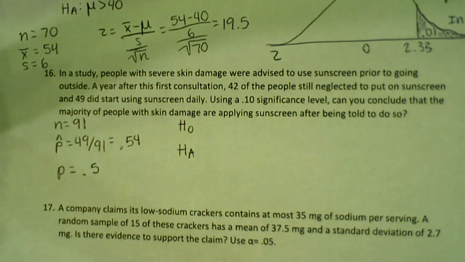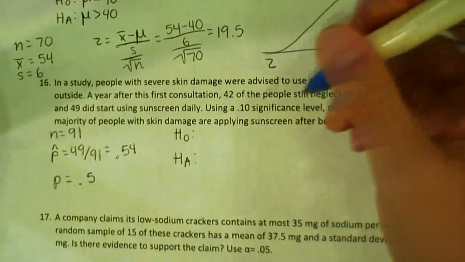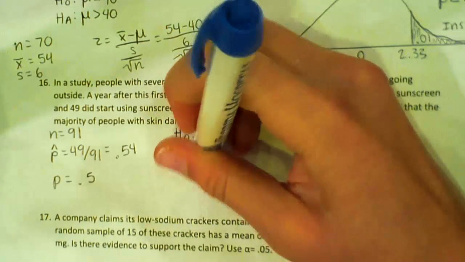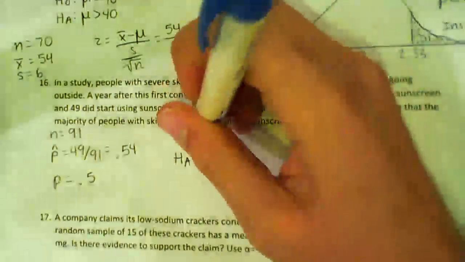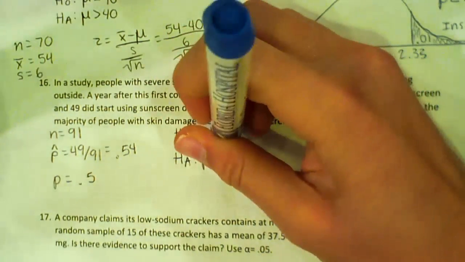All right, and then when we're looking at our null hypothesis and the alternative, what I said before, the null is always going to be equal to, and we basically just said that already, it's going to be 0.5.